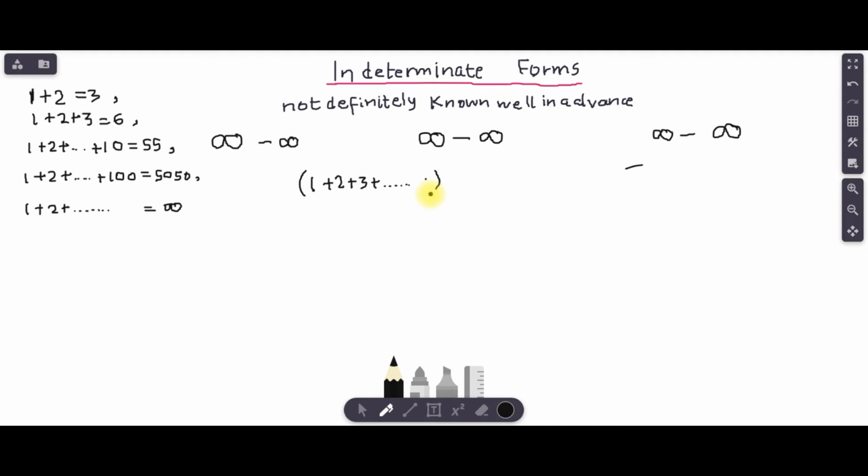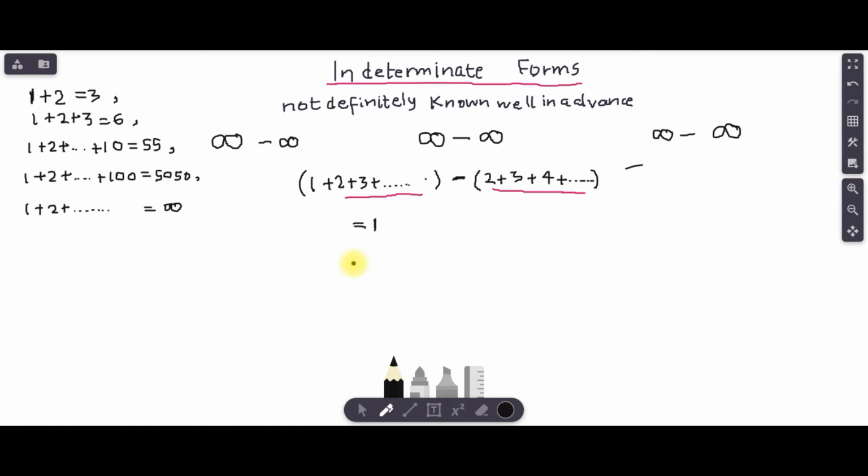And if I subtract 2 plus 3 plus 4 till as many numbers as possible, if you look at it, both of these have the same numbers. So they will get cancelled and the value will be 1. Isn't it very interesting? This also represents infinity, this also represents infinity, but the subtraction is 1.